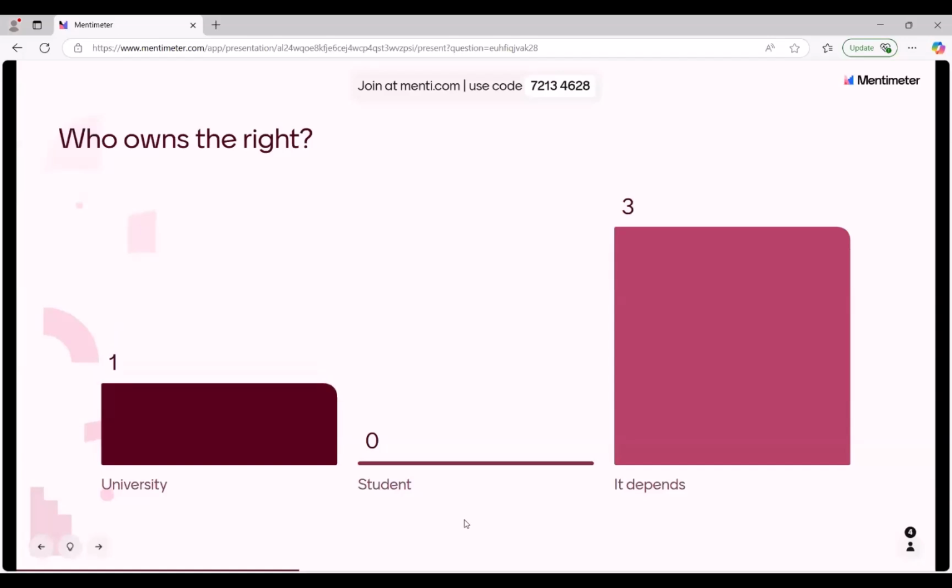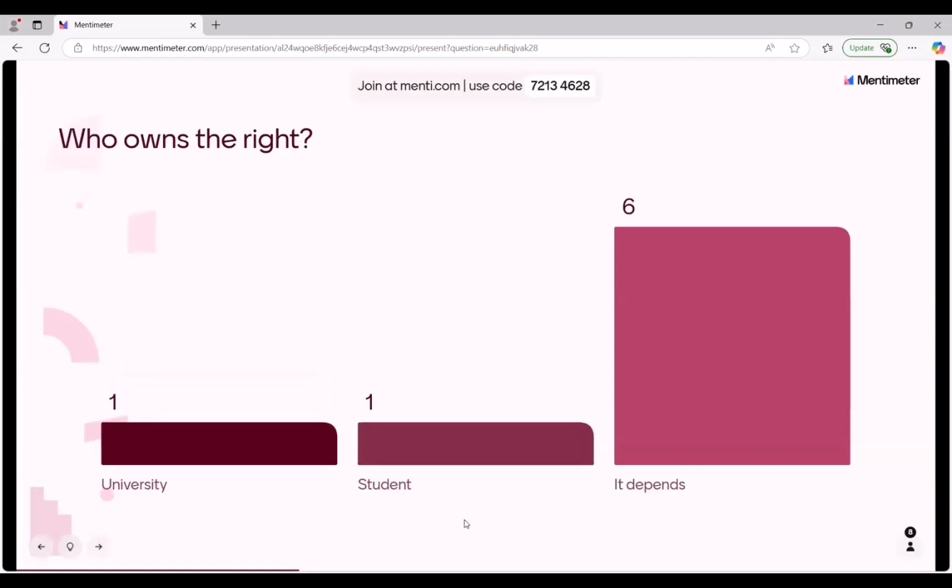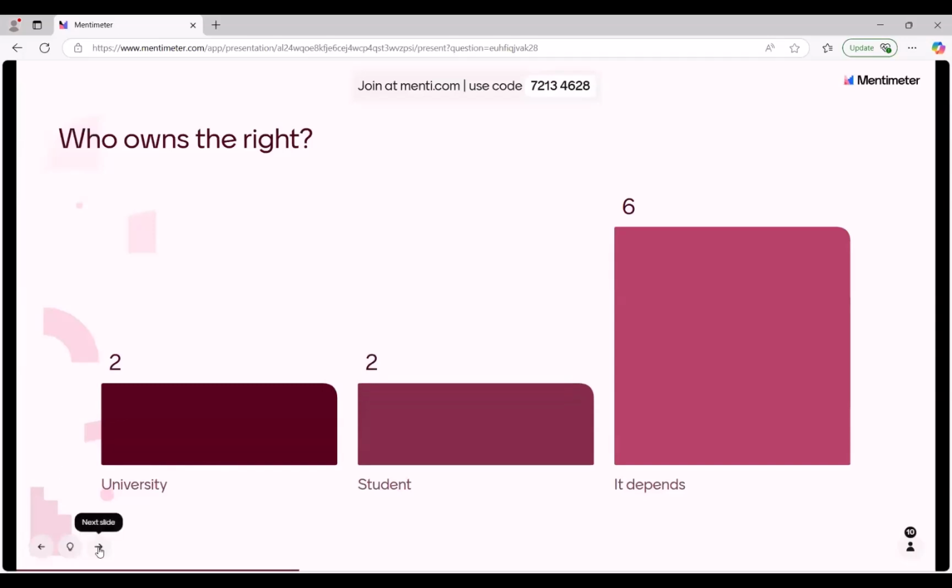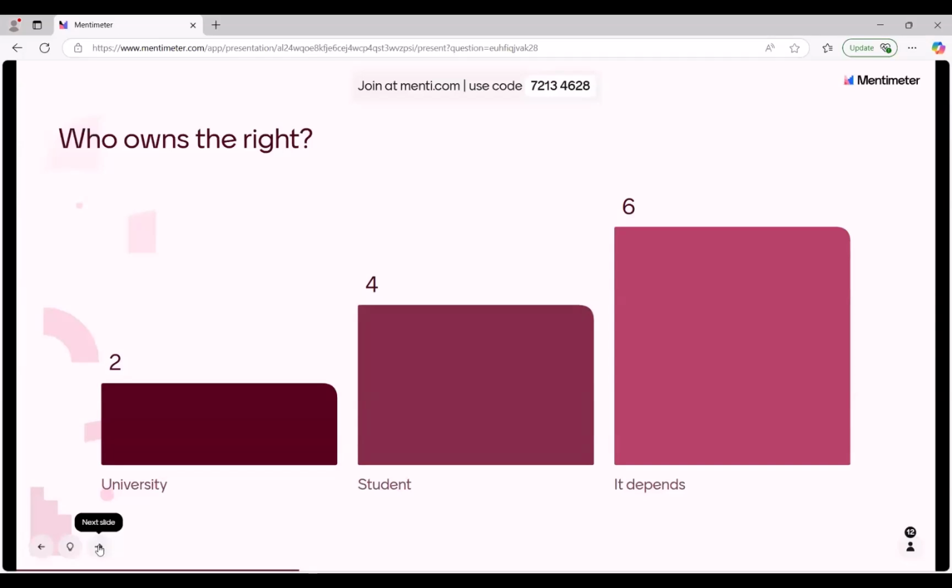There are no right or wrong answers. I think it depends on the context, and I'll go through the detail in a moment. It could be the university, it could be the student, it depends. Thank you.